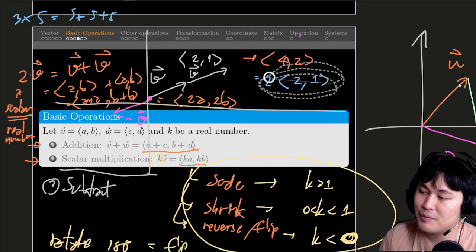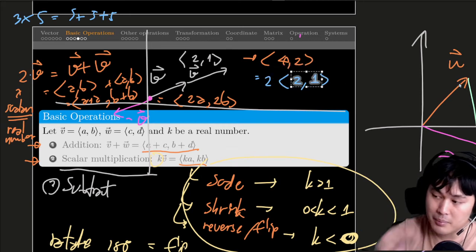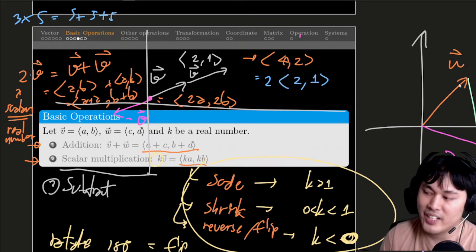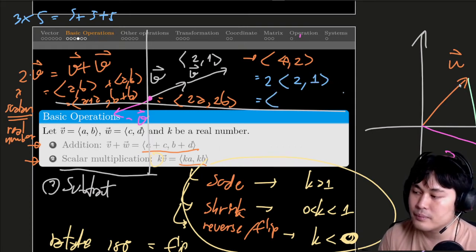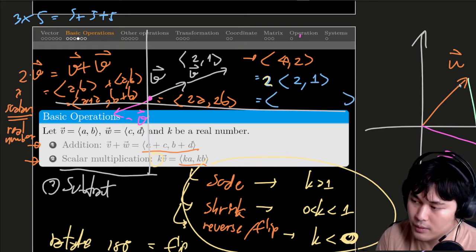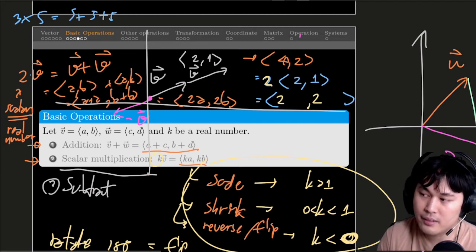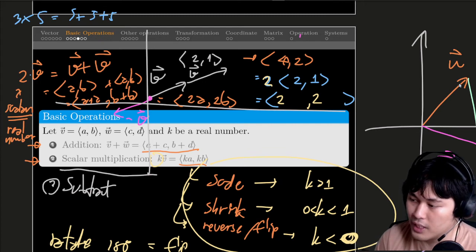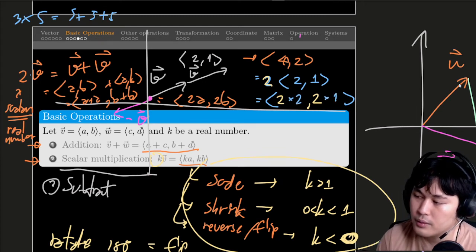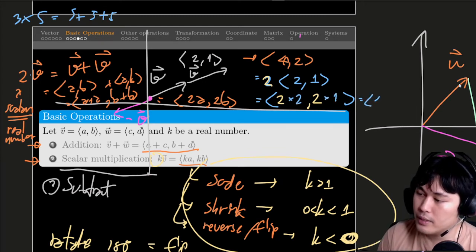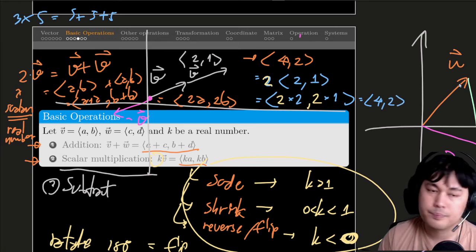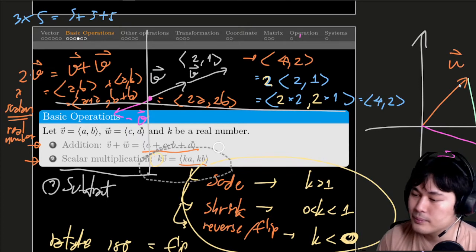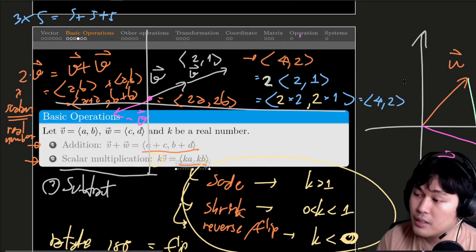But if you change that into a number, you can write it this way: just a number, and then the vector notation. And then when you distribute, it's as though you distribute that into parentheses: 2 times 2, and then 2 times 1. That gives you 4 and 2. So that's the result.